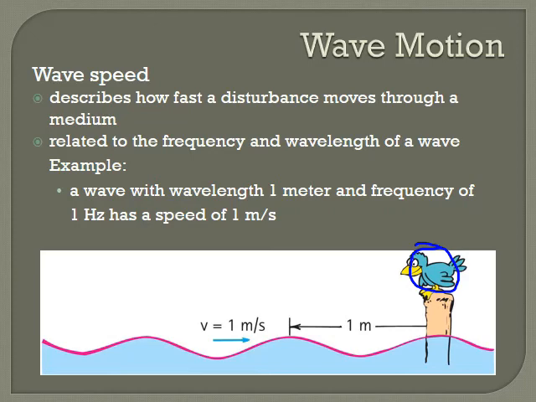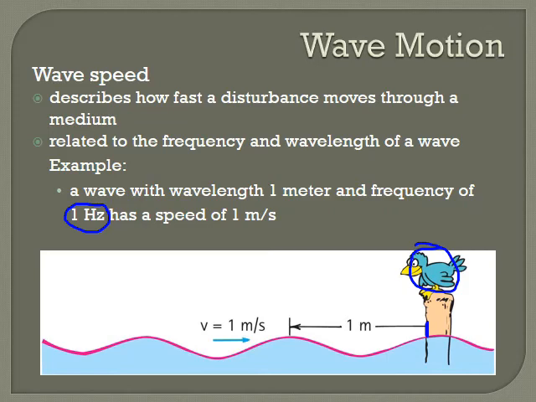It turns out you would have 1 wave passing by every second in this scenario, because the frequency we're told for these waves is 1 hertz. That means your wave goes through 1 full cycle every second. So you have a crest that hits the pier, then the trough moves through, and then another crest hits the pier within 1 second. So it goes through 1 full cycle in a second. That's what's called a hertz.